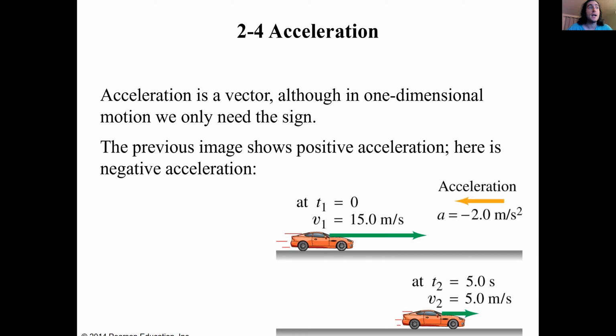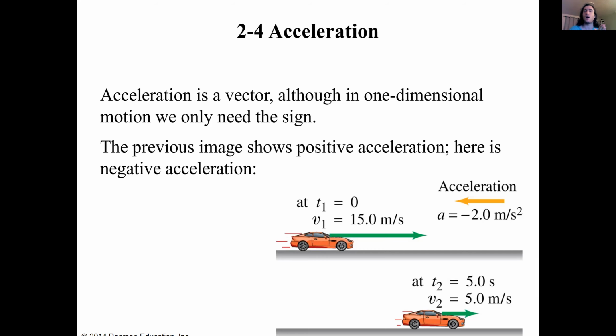We have a velocity of 15 meters per second, but our acceleration is in the opposite direction. It's negative 2.0. How many significant figures is that number? Did you get 2? That's the correct answer. It's negative 2.0 meters per second squared. That's going opposite the velocity. Okay, what does that mean? Think about that for a second.